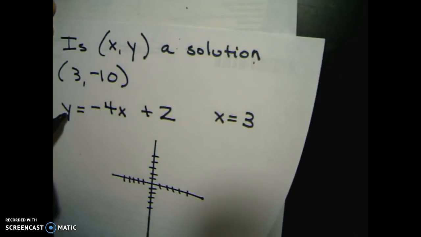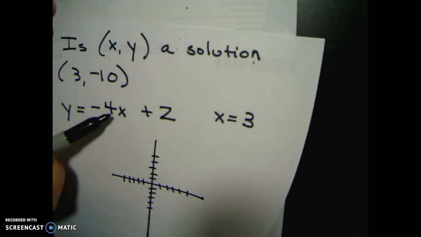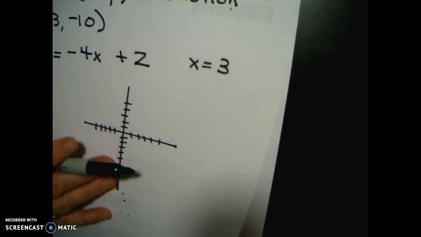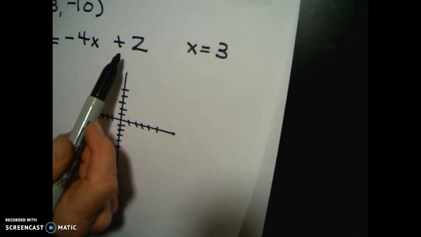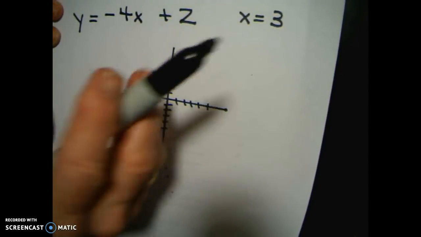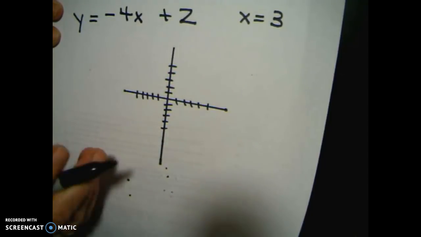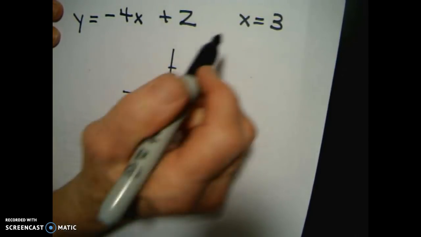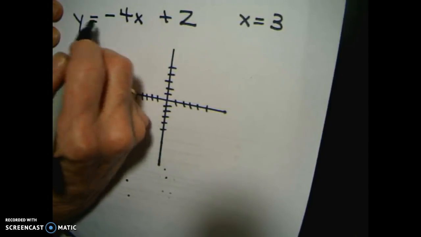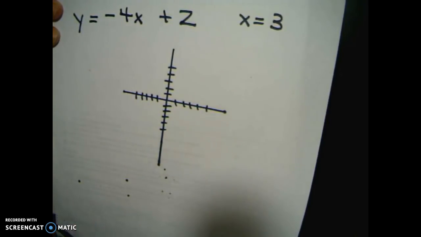The equation is y equals negative 4x plus 2. So what I'm required to do is substitute in and see if this is actually a solution. So on my equation, x equals 3. So I'm taking the 3 and substituting it here. And if that's the case, then y will be equal to negative 10.